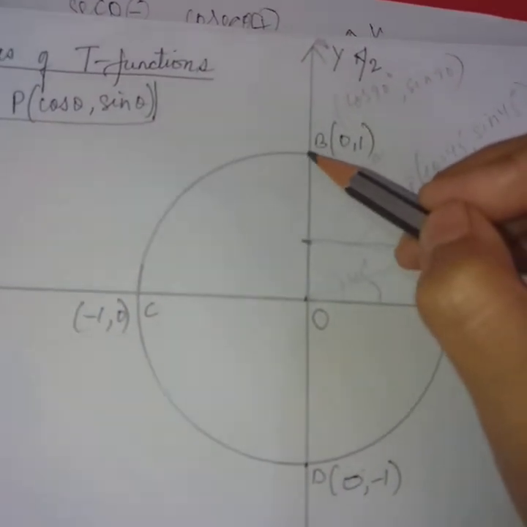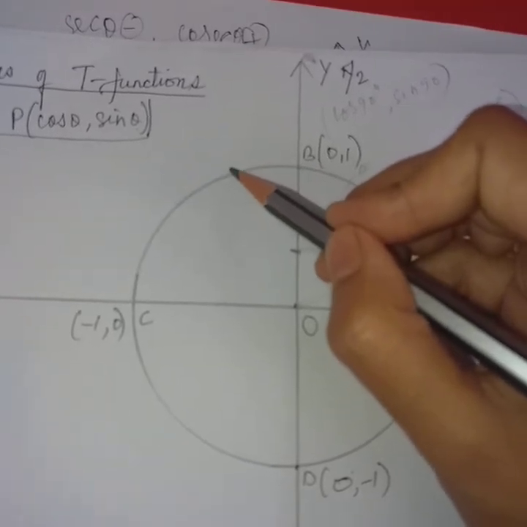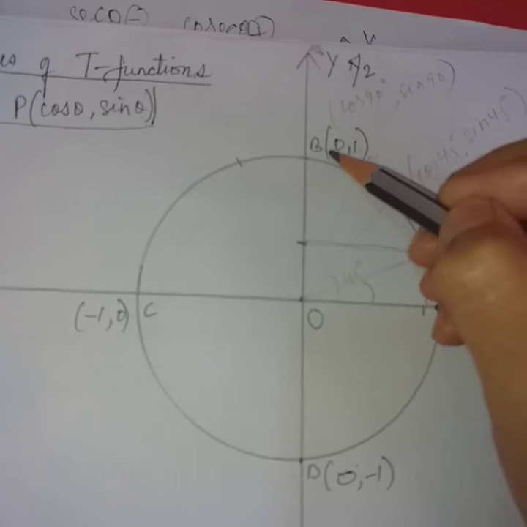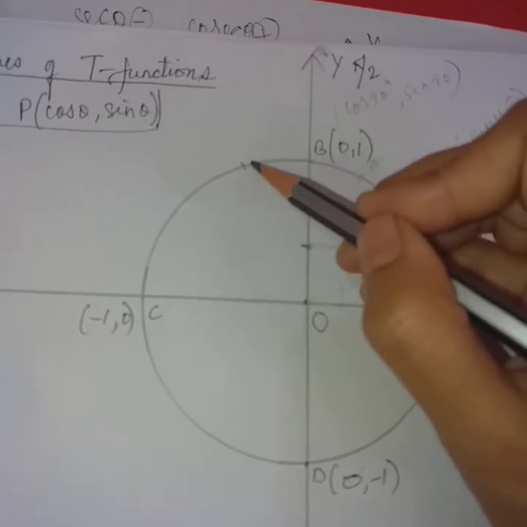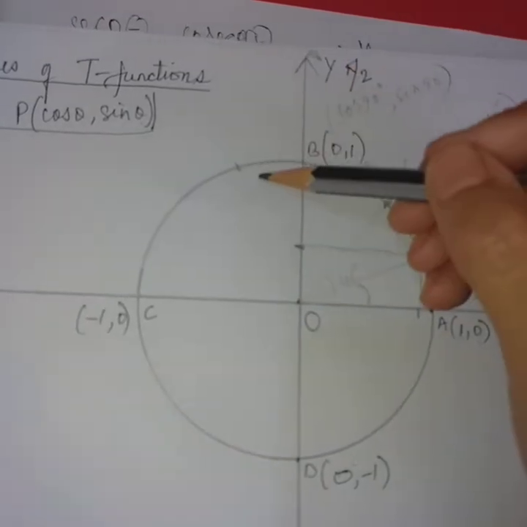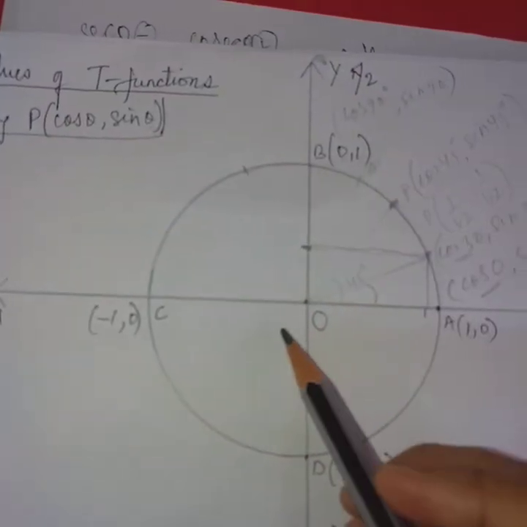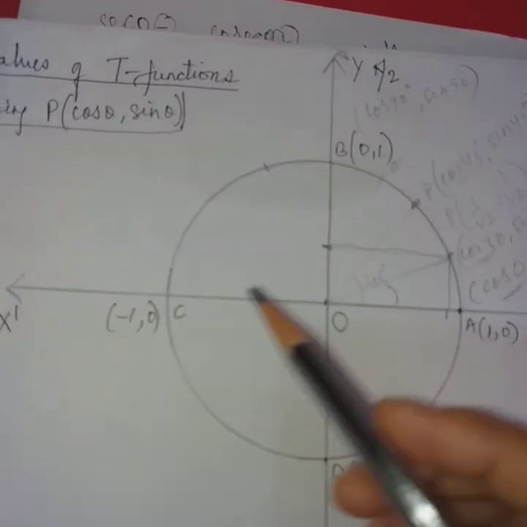Now again, if we move on, we come to another point. Here the value of x is again decreasing, in the negative side.